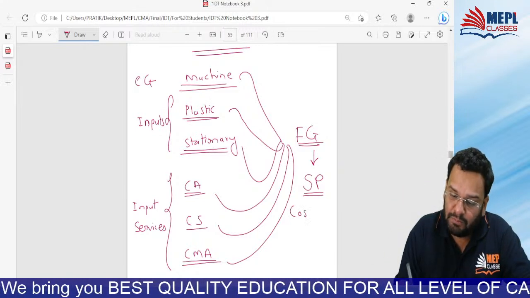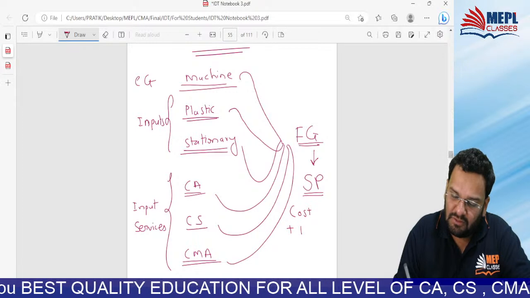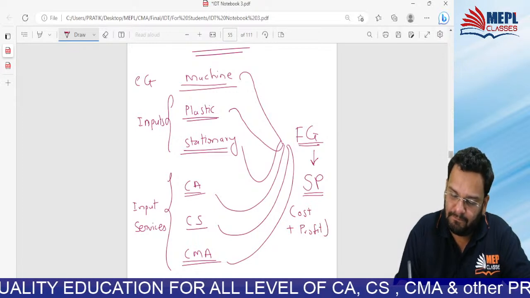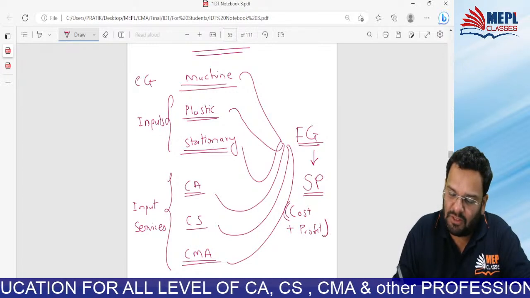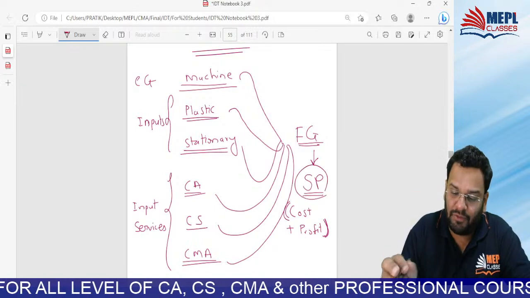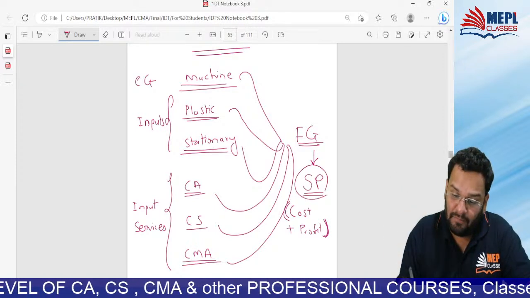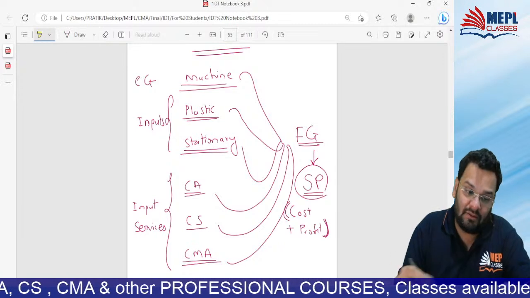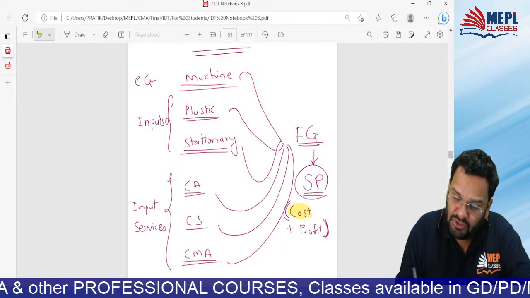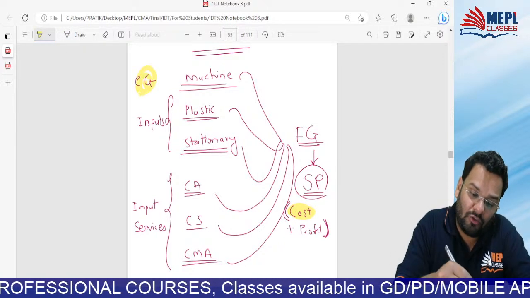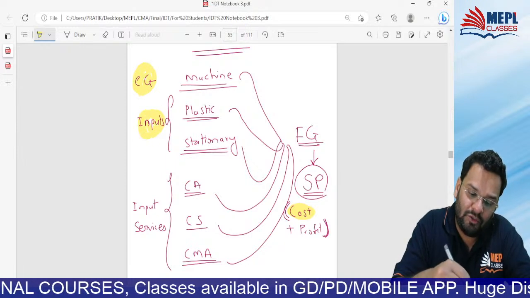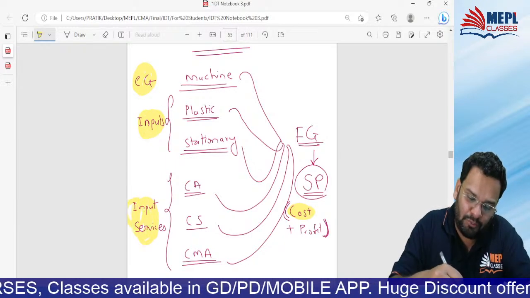Selling price will comprise cost plus profit. So don't you think that this cost includes the cost of CG also, the cost of inputs also, and the cost of input services also?